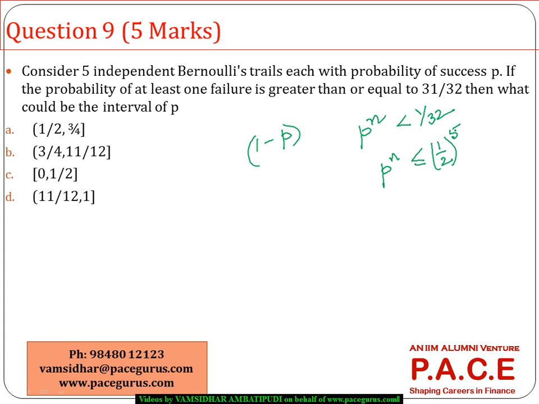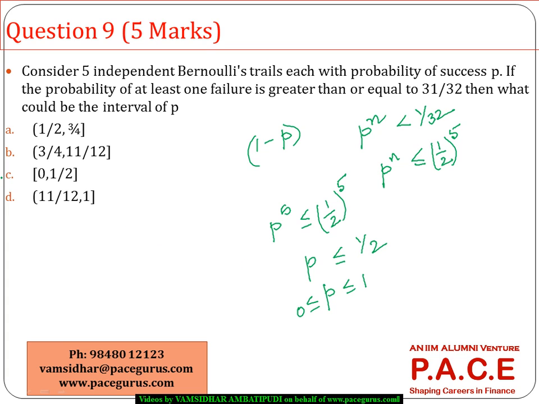And we are talking about 5 independent trials. So P power 5 should be less than or equal to 1 by 2 to the power 5, which is also saying that P should be less than or equal to 1 by 2. And we know that the probability should lie only between 0 and 1, so P should be greater than or equal to 0.